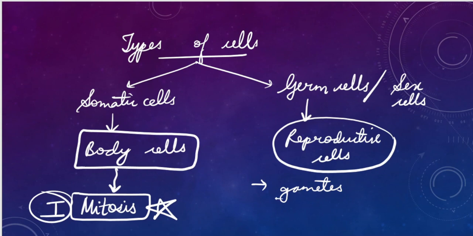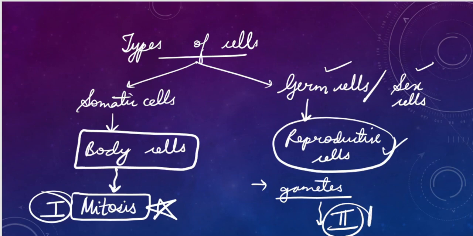And if we want the production of reproductive cells, or you can say sex cells, germ cells, gametes, then there is a type of cell division known as meiosis. Okay, so let's come to this part, what mitosis is and what meiosis is.